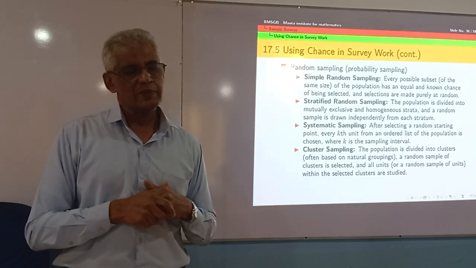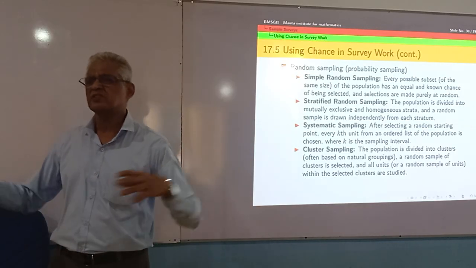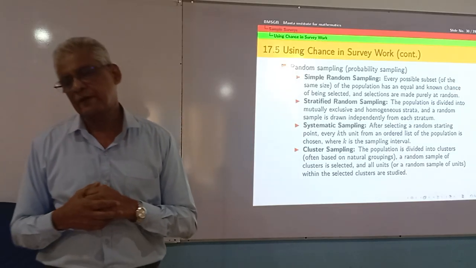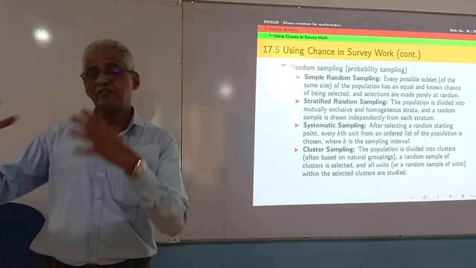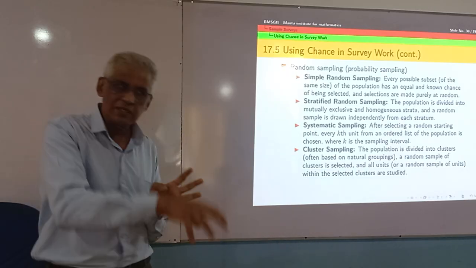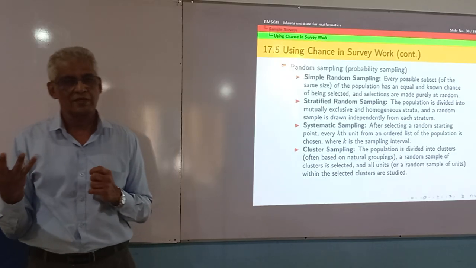In the cluster sampling, we use it when there is a very large population, if we can divide the population into some subgroups where each subgroup is very similar to the whole population, right?